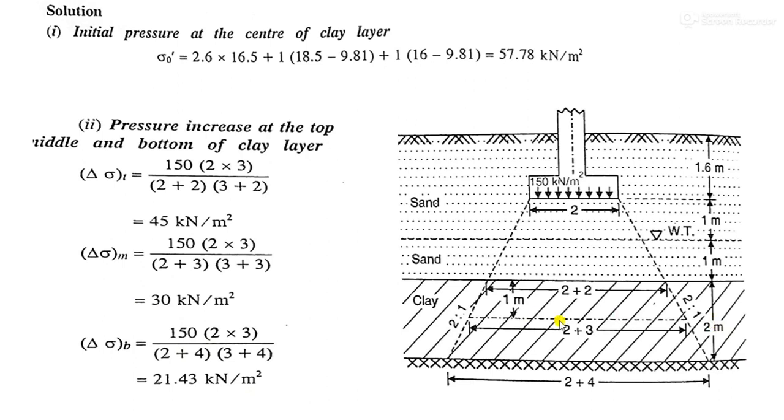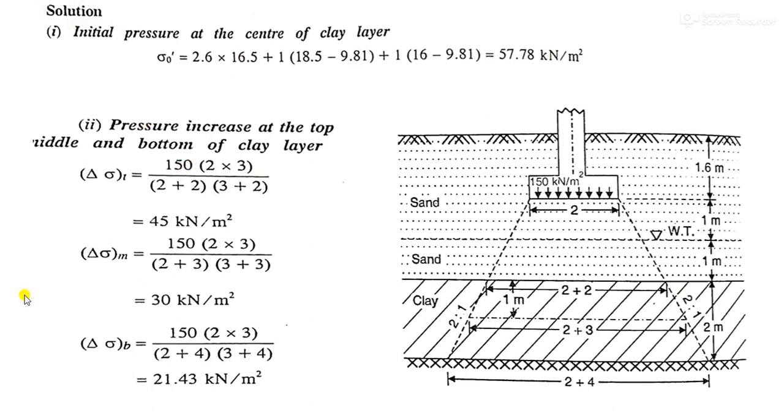Because our target point is the middle of the clay, we have taken one depth, this one. So 1 into 16 minus 9.81. So the total initial pressure at the center of the clay is 57.78 kilonewton per meter square. Okay, this is the first part.